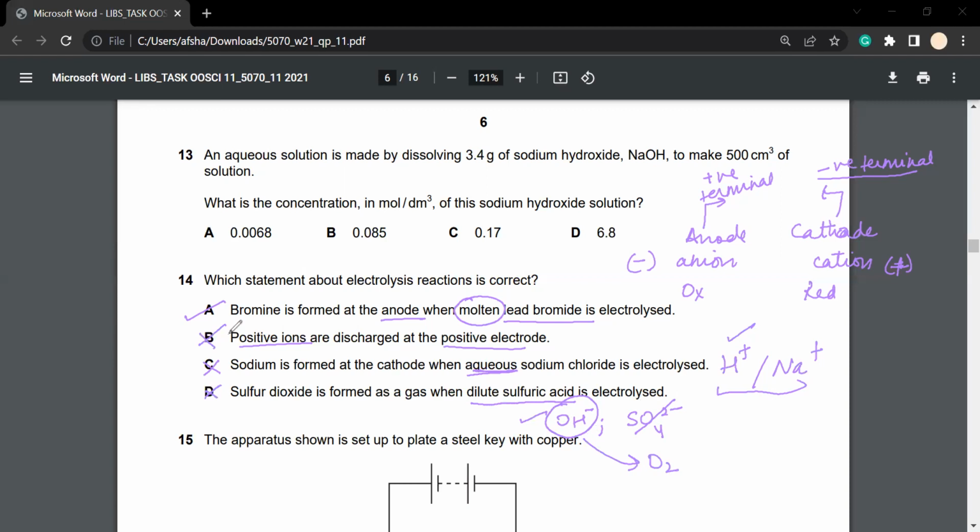So this is again incorrect. So for question number 14, we have the correct answer.